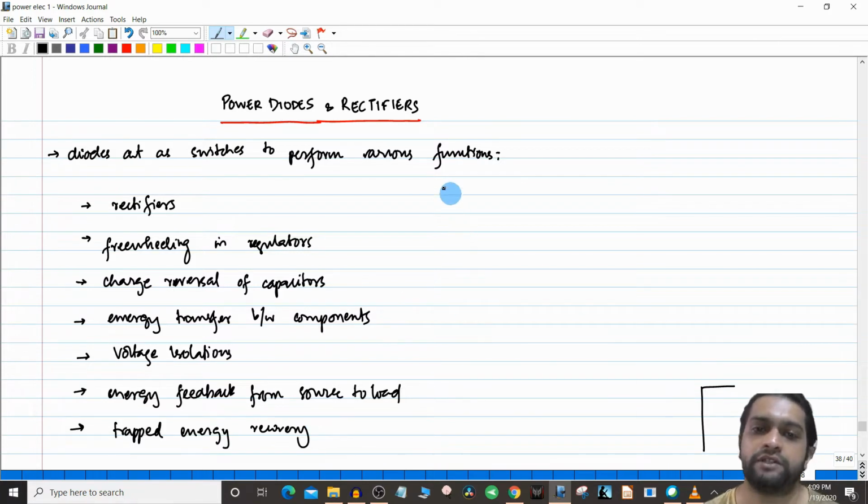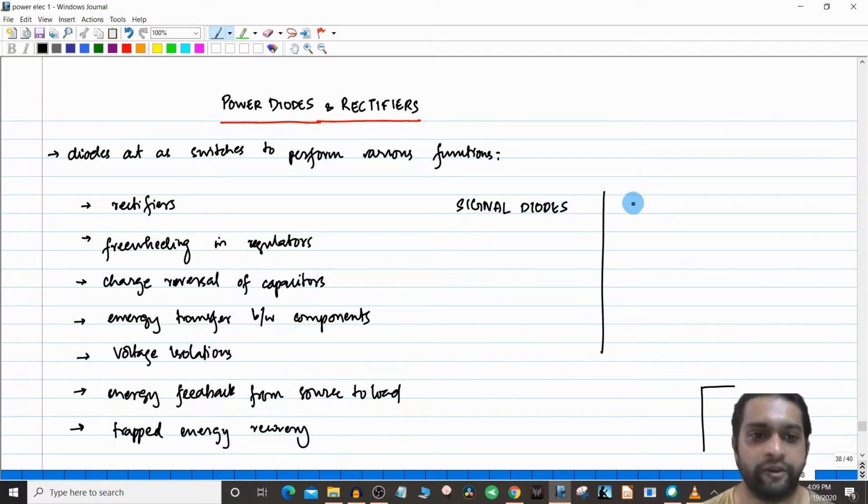Now the diodes that you must have seen in your colleges are the small diodes, right? Those small diodes usually cannot handle a lot of current. In your analog electronics lab you might have seen small diodes like 1N4001, 4148, etc. Such diodes are called signal diodes. But we are not bothering about signal diodes; we are talking about power diodes.